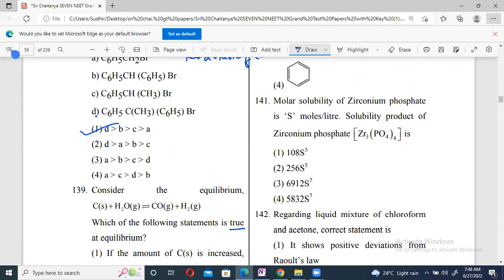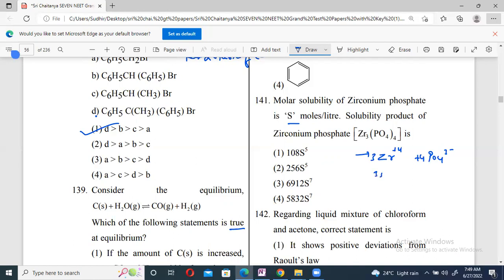Now 141. The molar solubility of zirconium phosphate is given as S. The solubility product of zirconium phosphate, you know how to find Ksp. It is going to ionize and form Zr plus 4 and PO4 3 minus. How many Zr are there? 3. How many phosphate are there? 4.